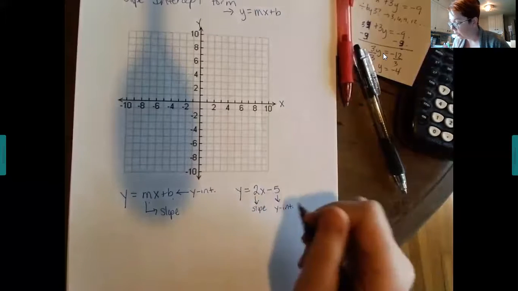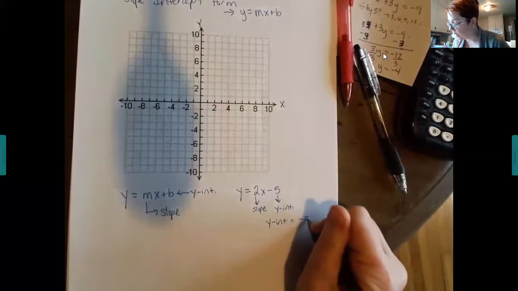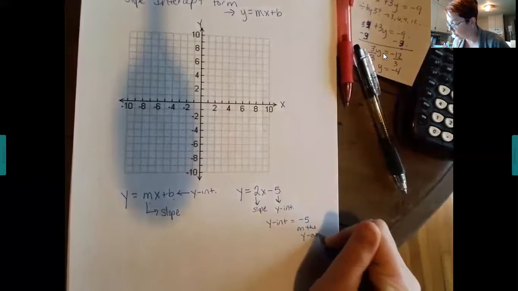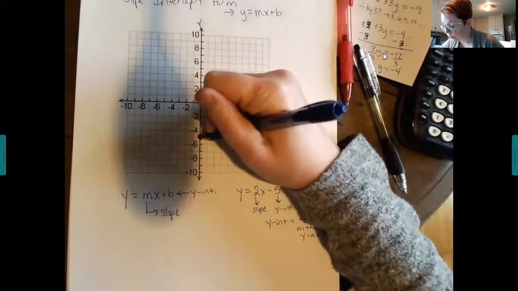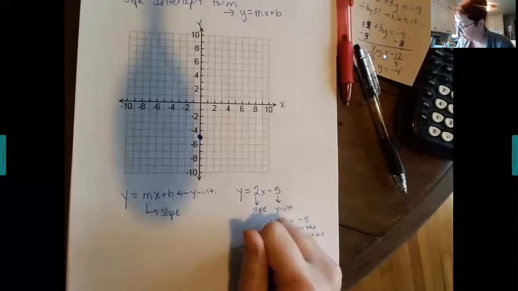So what that means is that your y-intercept is going to be -5 on the y-axis. Okay, so you're going to start down here. So that's where you start. And then the slope tells you where to go. So the slope is 2.